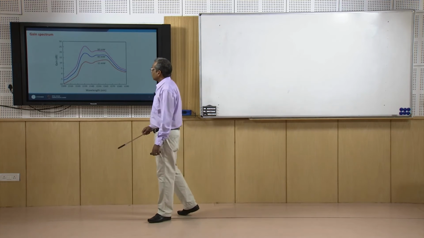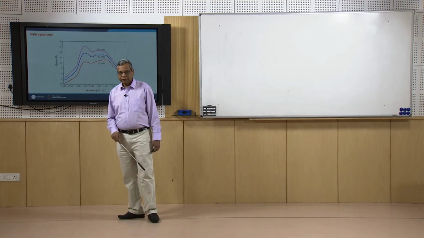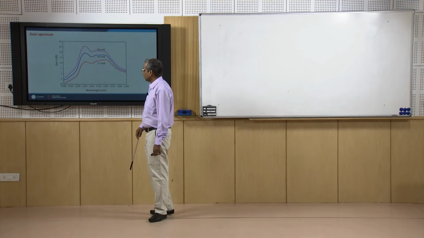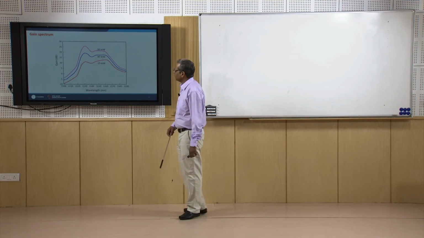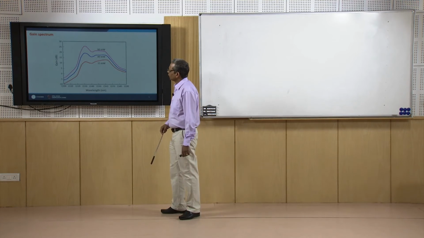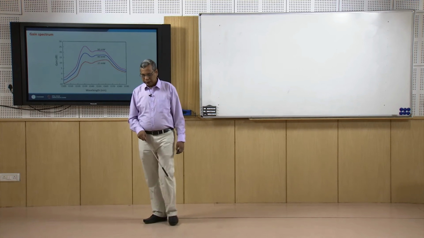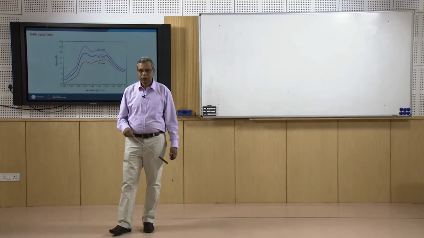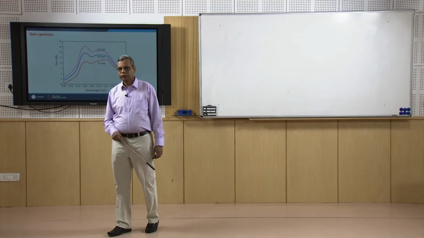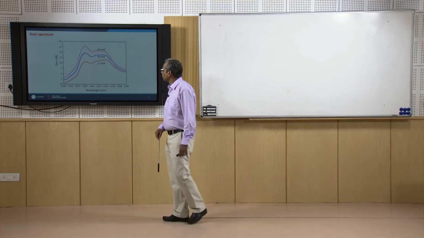If you look at the gain at different wavelengths, that is at the gain spectrum, then it looks like this, okay. This particular characteristic comes from the emission cross section and absorption cross section of the EDFA.